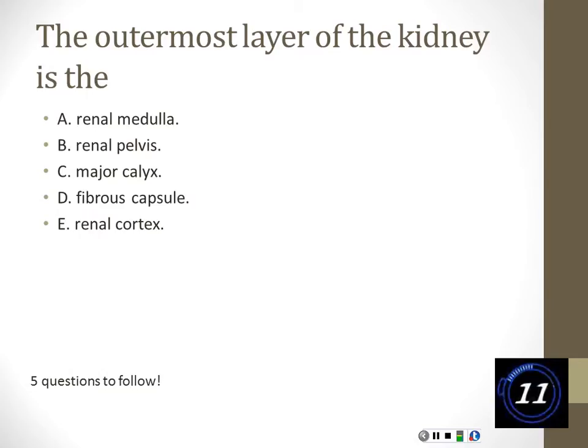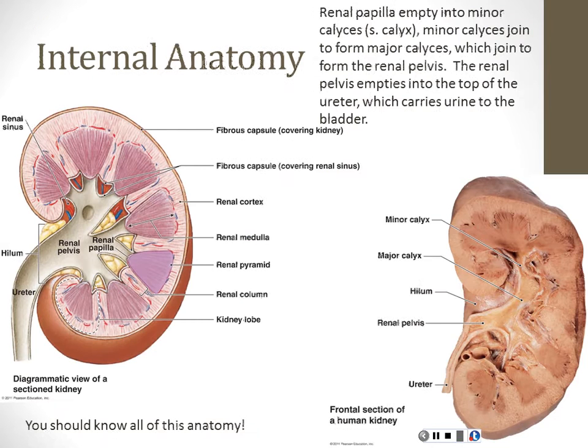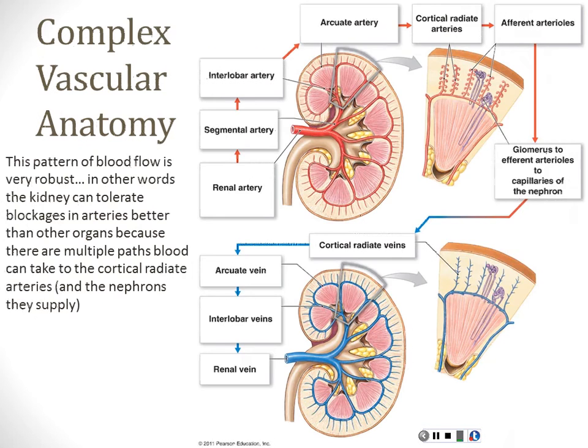Inside the medulla, we have the pyramids and the columns. And then in the center, we have the renal pelvis with its major and minor calyces. Right? So that's all from this one. This is a star-worthy slide, really, because this is a lot of your anatomy of the kidney right there.